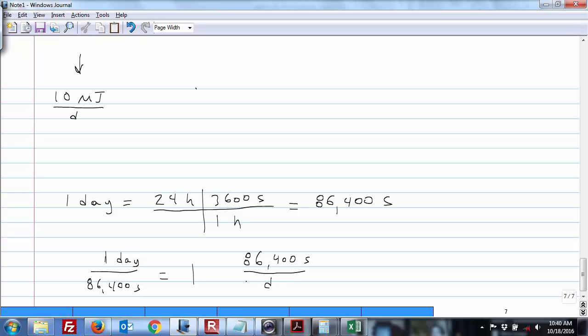Actually, no, I want the first one. So I'm going to multiply this by 1 day divided by 86,400. And then you can just convert the megajoules to joules?